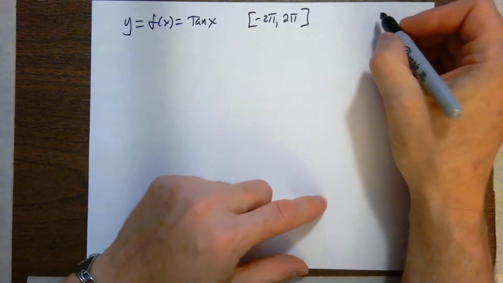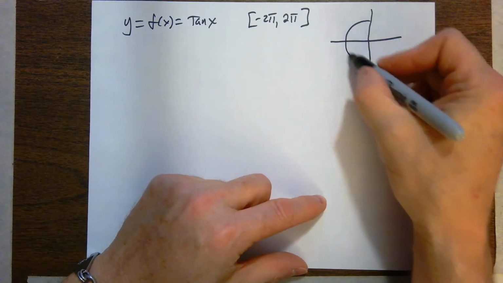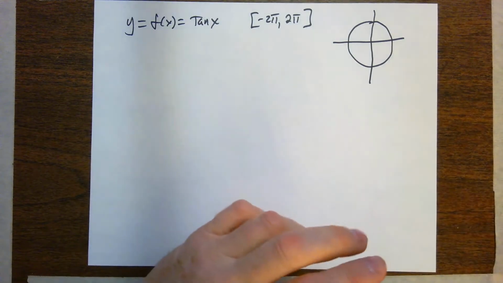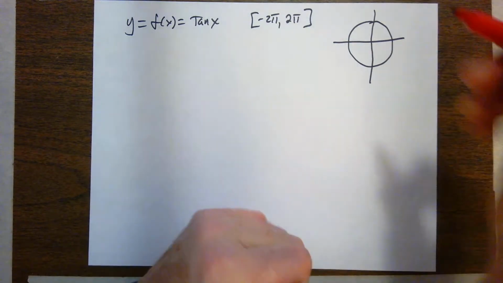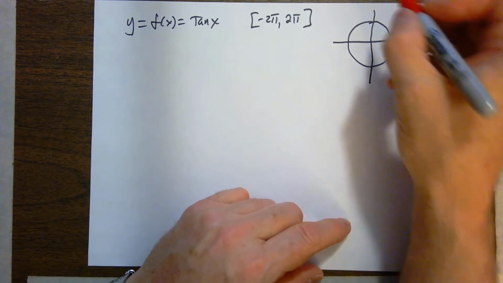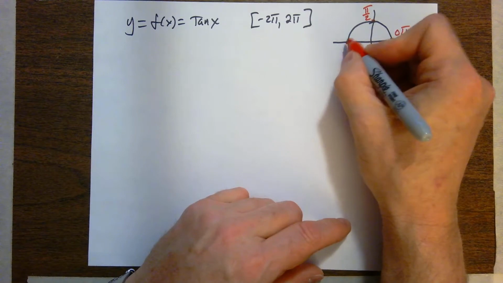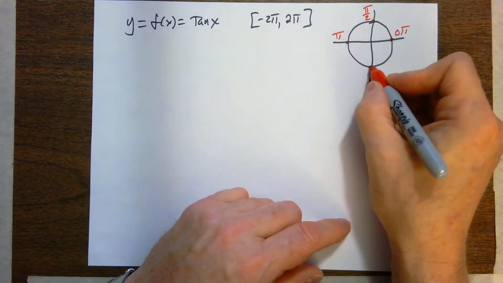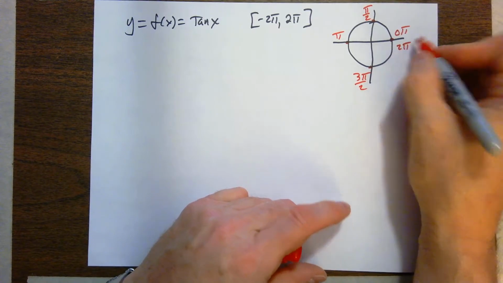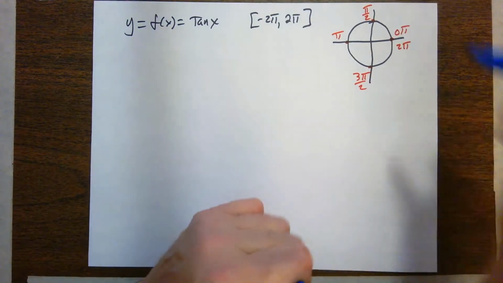We know we're going to need our little unit circle here to help us with the values. No, that's not a very good unit circle, is it? Oh, well. I know that this is going to be 0, pi over 2, pi, 3 pi over 2, and 2 pi. I also know the coordinates.